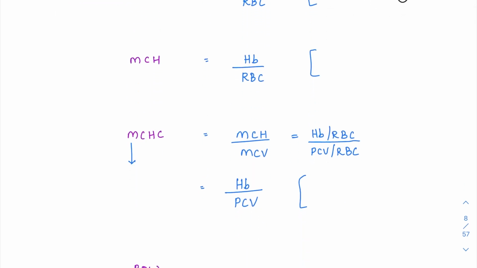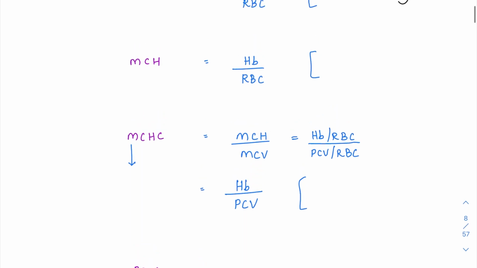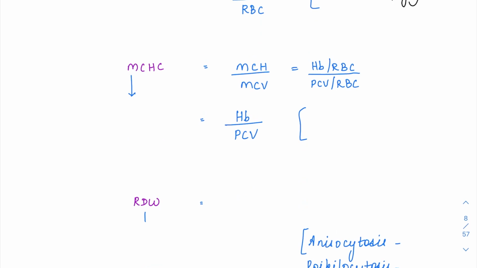Then the mean corpuscular hemoglobin. The amount of hemoglobin upon the RBCs is going to give the mean corpuscular hemoglobin. That is going to be 27 to 33 picogram. Then comes the mean corpuscular hemoglobin concentration. For that you will have to divide the mean corpuscular hemoglobin by the mean corpuscular volume.